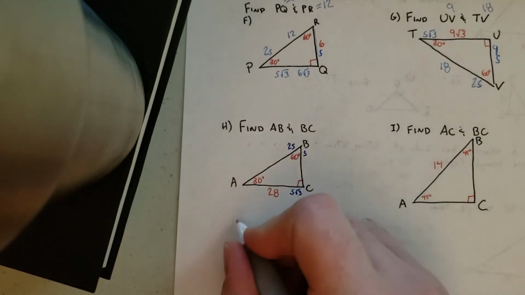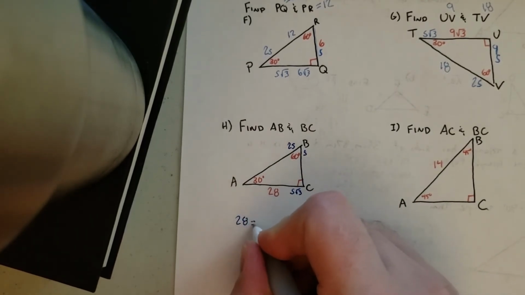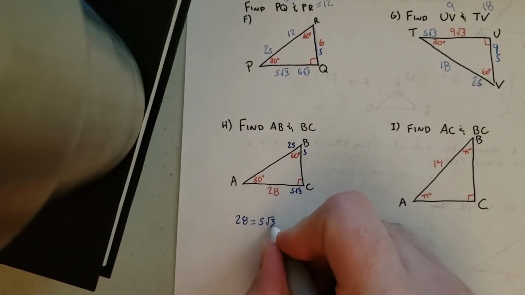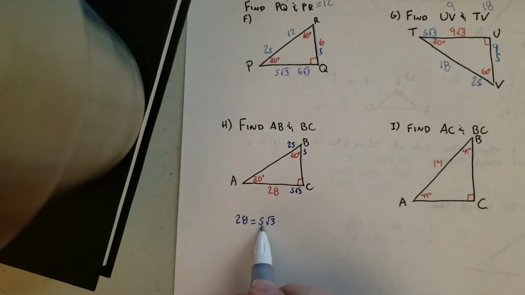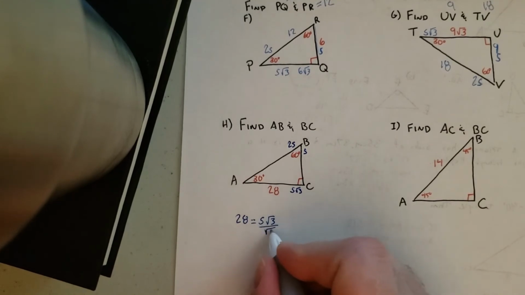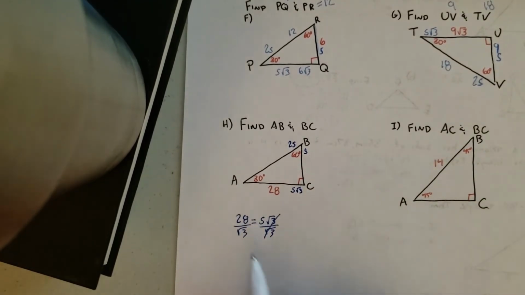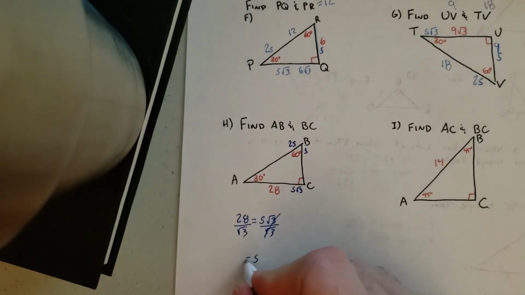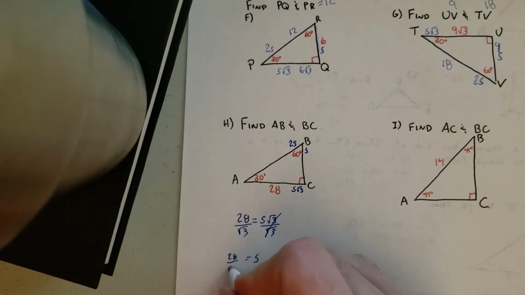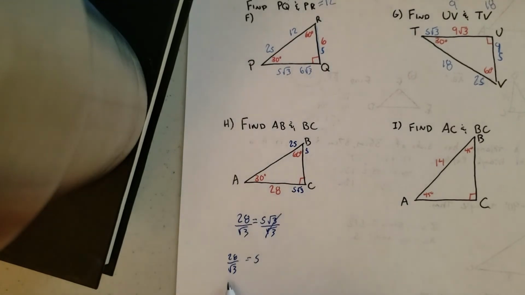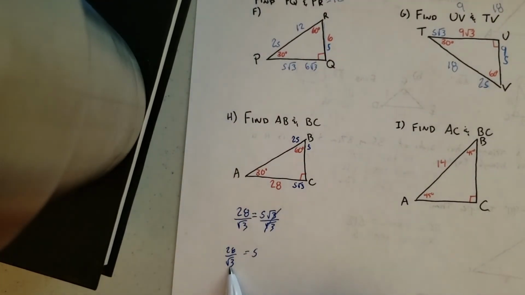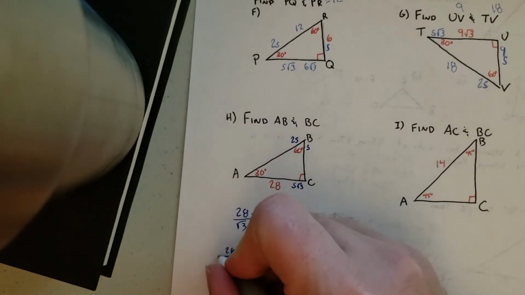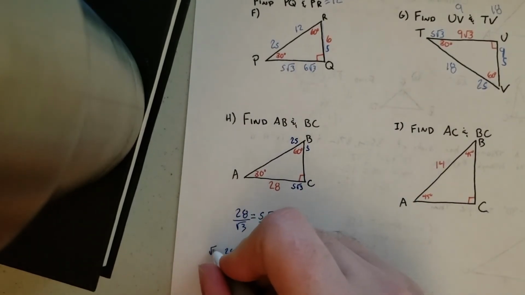So I'm going to take the side I know, so 28 equals s square roots of 3. Well, if I want to get s by itself, I have to divide by the square root of 3. So those cancel out. I get s equals 28 over the square root of 3. Well, I cannot have a radical on the bottom of a fraction, so I have to rationalize, which means I have to times by 1.